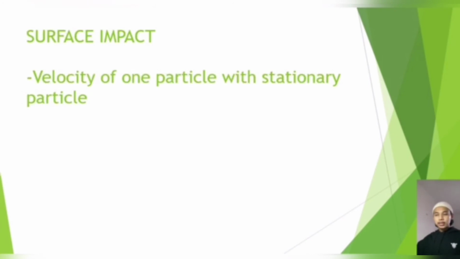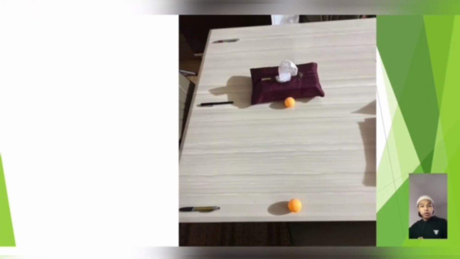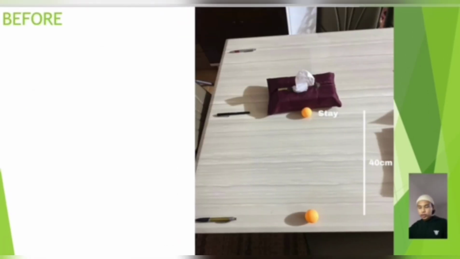The last is surface impact. The definition of surface impact is the velocity of one particle with a stationary particle. This is our group setup for the third scenario. We just put the ball in the impact.